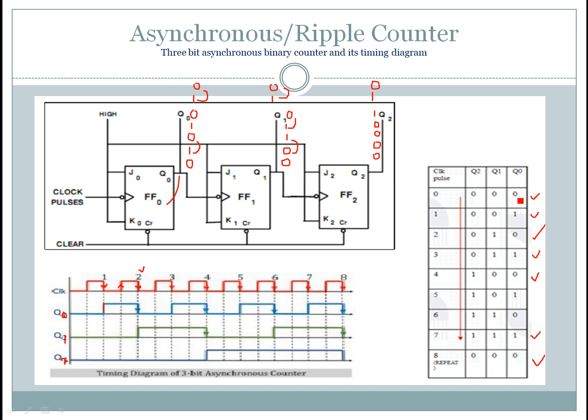So here one more thing we need to observe is, so it's a 3-bit counter, there are total 8 states, that is from 0 to 7. So that means the number of states are 8 but it requires 7 clock pulses, right?